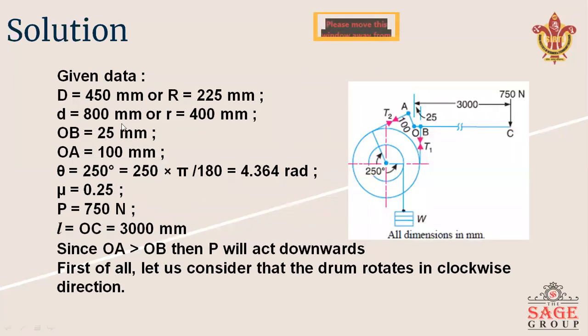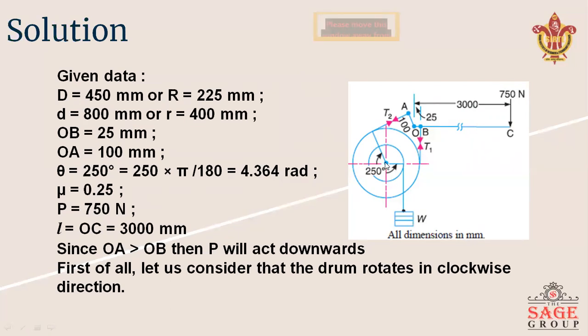So now here you can see the given data and the diagram of the differential band brake. This is the drum and the diameter of this drum is 800 mm. This is the barrel and the diameter of the barrel is 450 mm, and both are keyed to the same shaft.